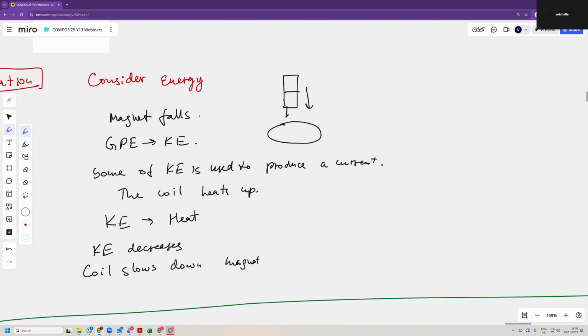So if the field of the magnet is downwards, the coil will produce an upwards magnetic field. So it's an upwards force. So the field of the coil must be opposite to the field of the magnet.